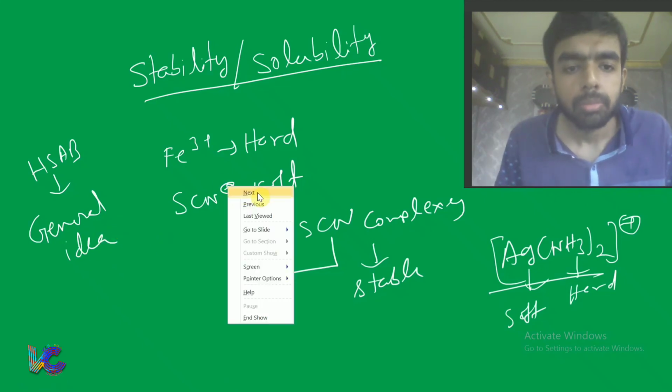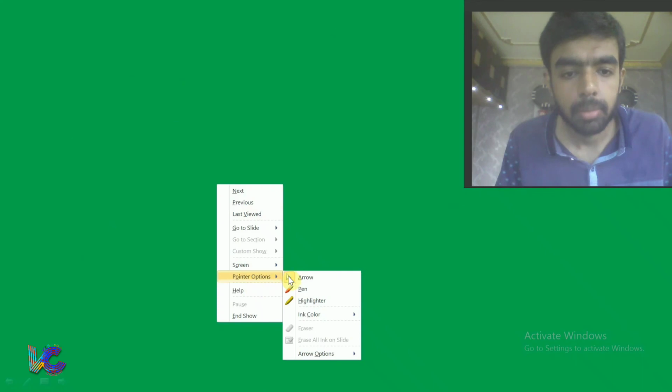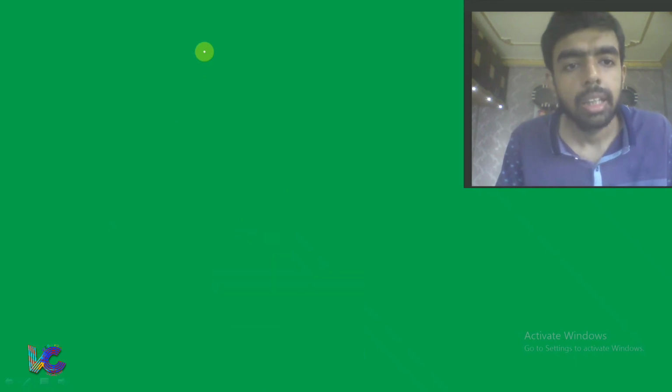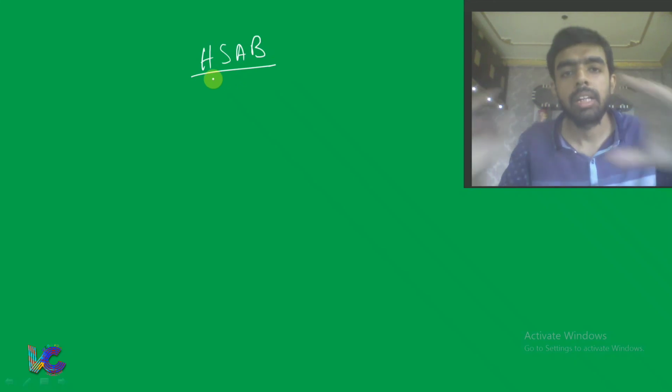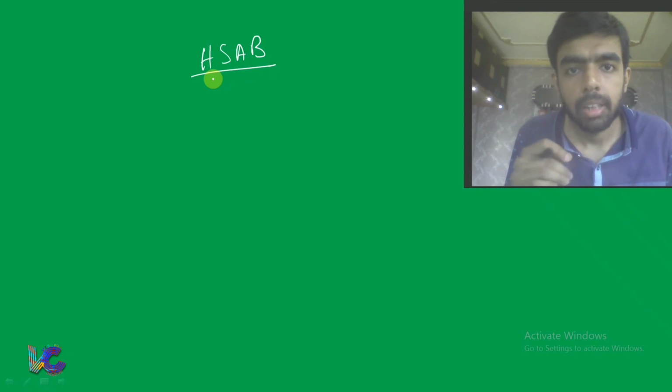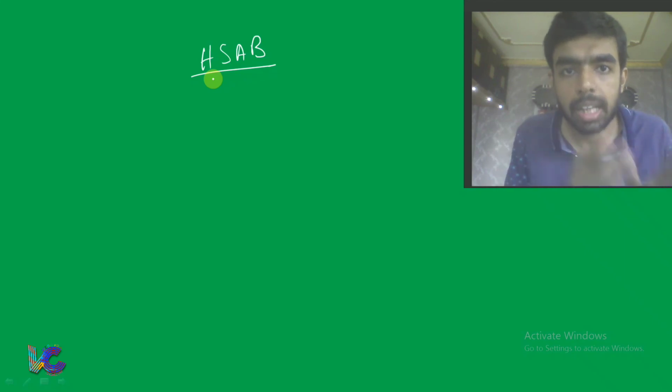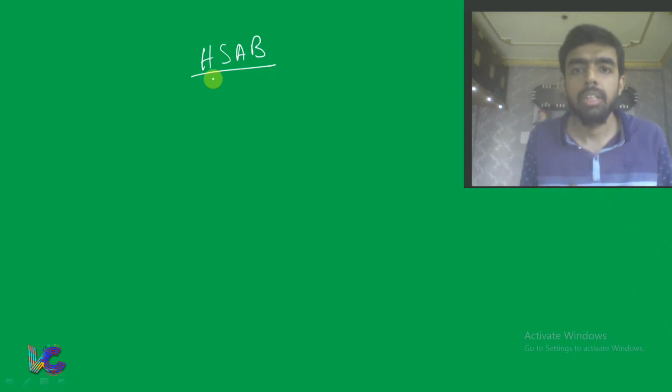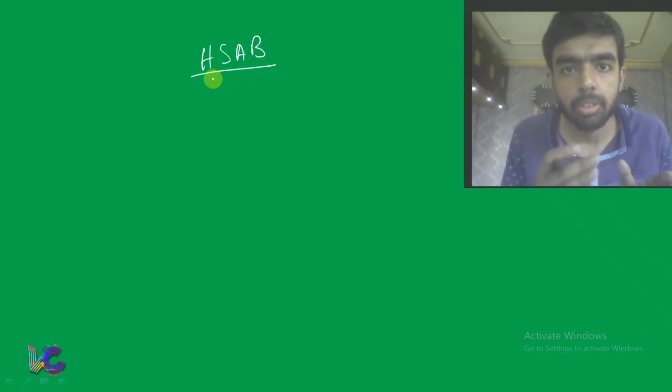So if you summarize what we have discussed today, in the HSAB principle, at the very beginning we told that we are classifying the acids and bases into two classes, hard and soft. Then we have seen what the principle is saying, that hard-hard and soft-soft combinations are preferable.